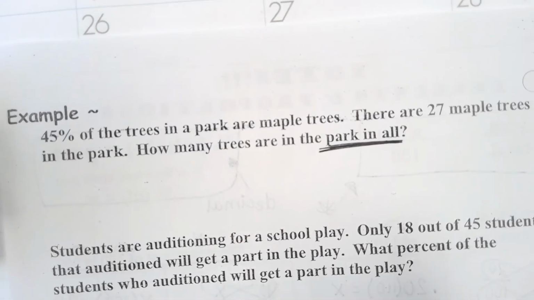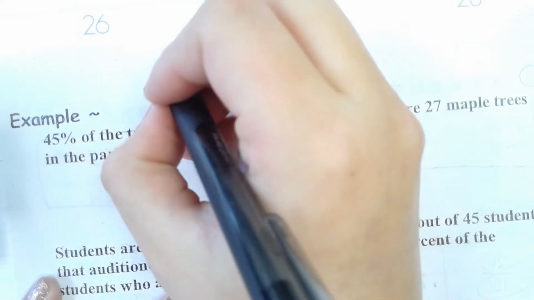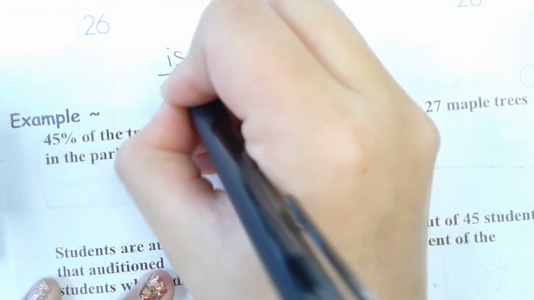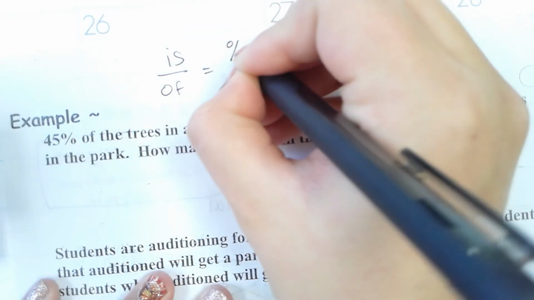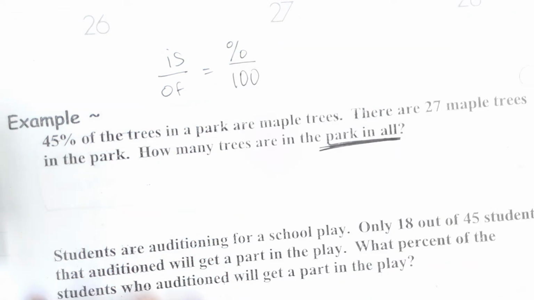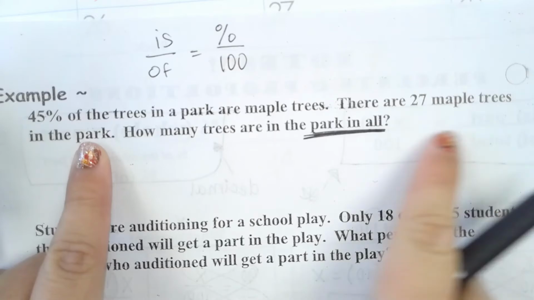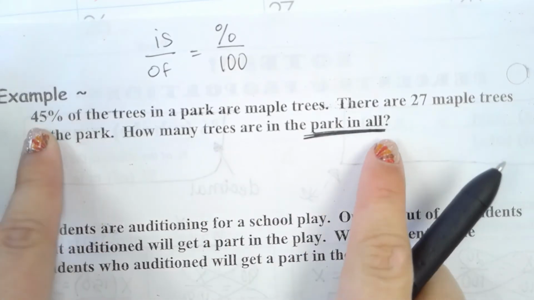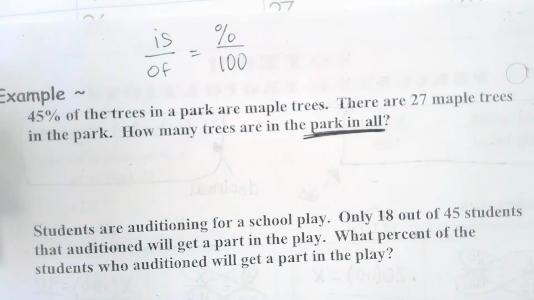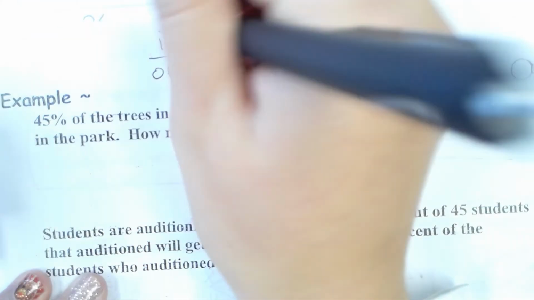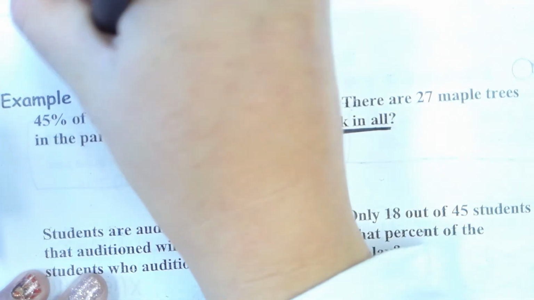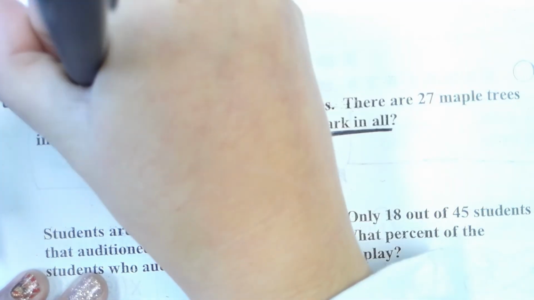So we are trying to figure out how many trees are in the park in total. So if you think of our formula, notice how on the front side we always saw the words is, of, and the percent. However, in this problem, do we see any is or ofs? We do see a percent, but we don't see any number that's talking about the is or the of. So when we are dealing with word problems, if you're using the proportion like I do, you want to start thinking of it as the part over the whole.